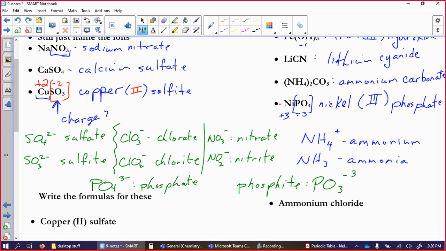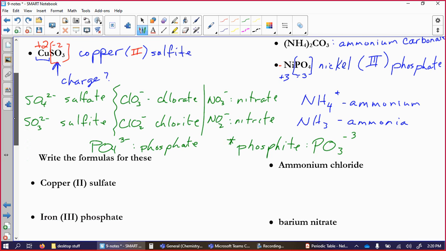PO3 3 minus. So that phosphite isn't on that periodic table. I have no idea why phosphites exist. There's nothing abnormal about them, but that one isn't particularly on your periodic table, so that's one to think about.